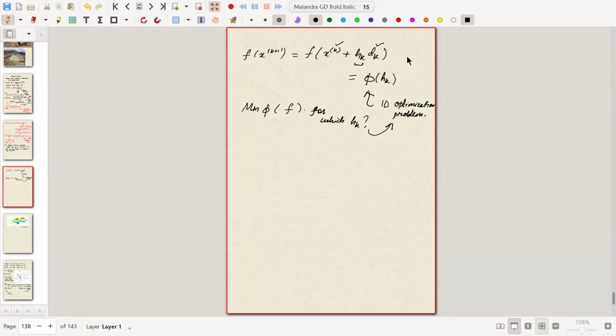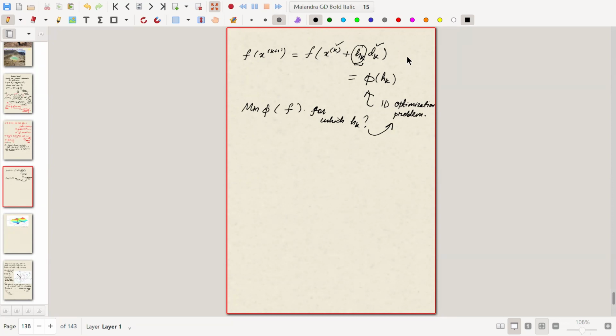But if you do this, you understood this concept, right? Every iteration, xk plus 1, this I have to do. And again, in that iteration, I have to find the optimum value of h. Obviously, this is computationally expensive, isn't it? At every iteration, if I find this step size, it's going to cost me time.